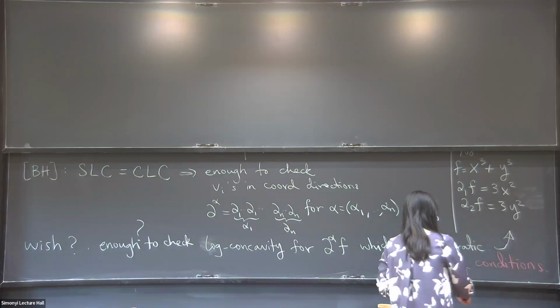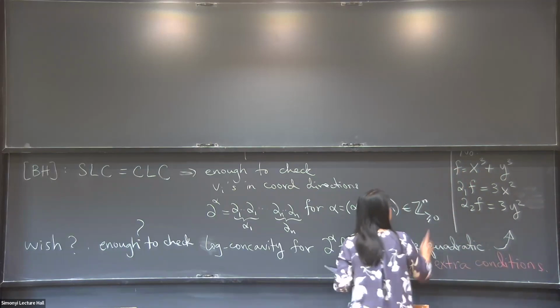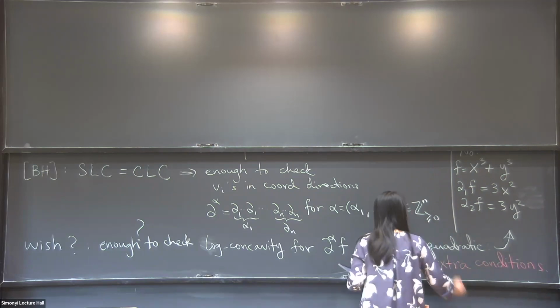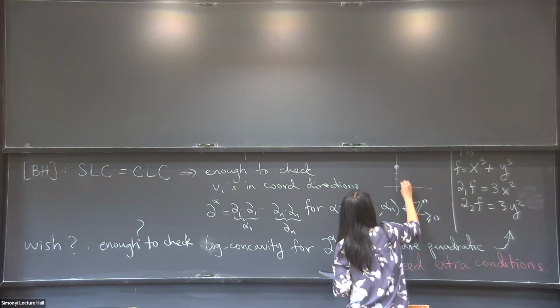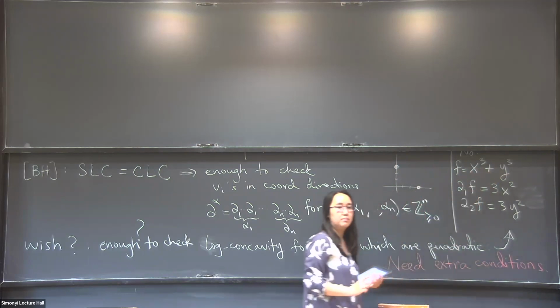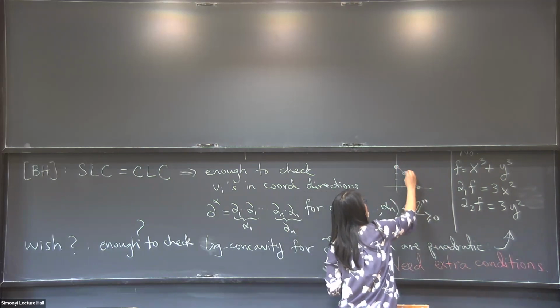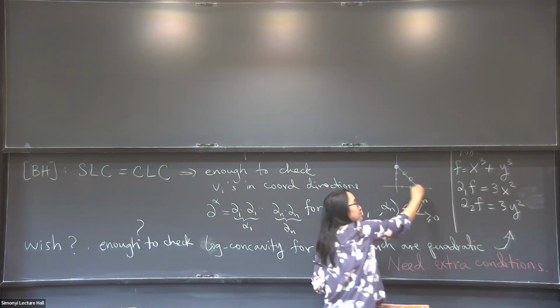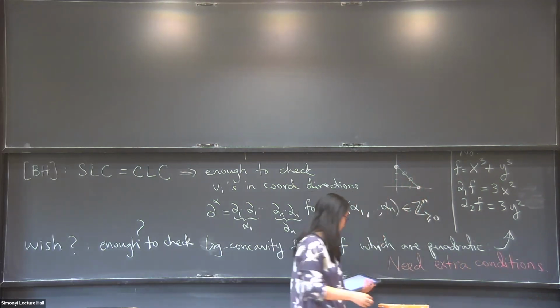Another way to see this is to look at the exponent vectors: this is (3, 0) and (0, 3). If I look at the exponents of these monomials that appear, there are some points missing along the line, so that is part of the issue. We want to capture that.